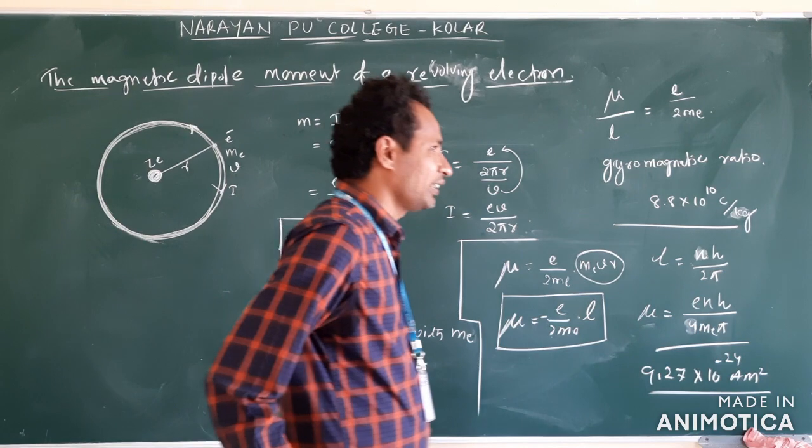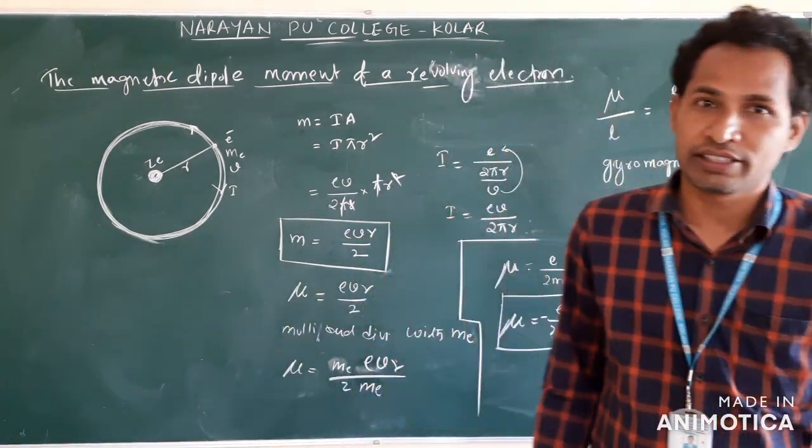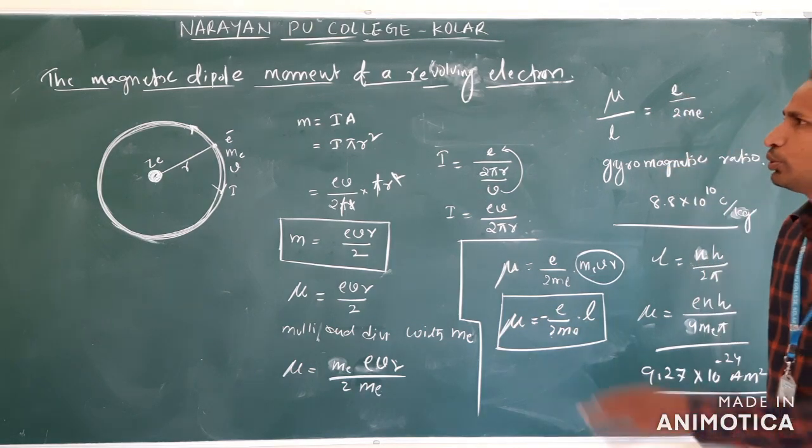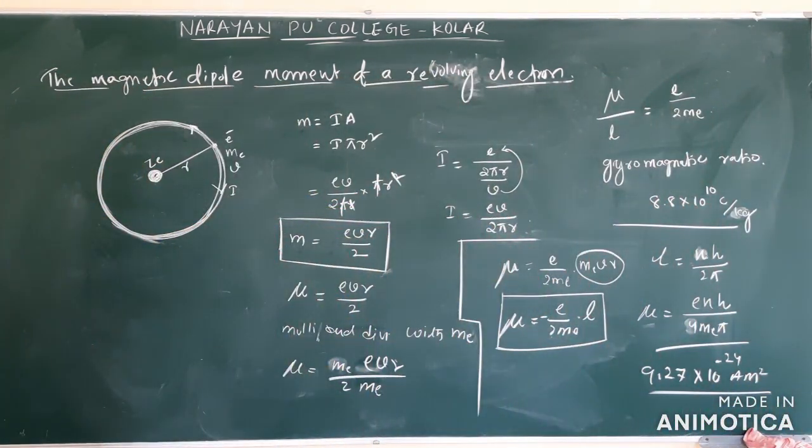So, in your chemistry, they have given the orbital magnetic moment. You have studied it, clear? This is due to the revolving of the electron, it possesses magnetic moment. And the electron also possesses another magnetic moment, that is due to spin. That you studied as the spin quantum number there, clear?